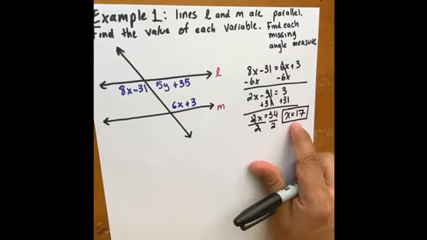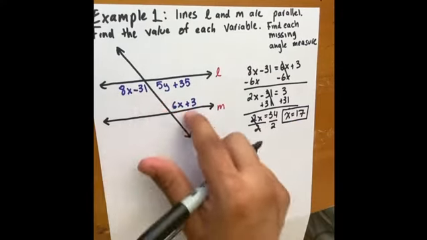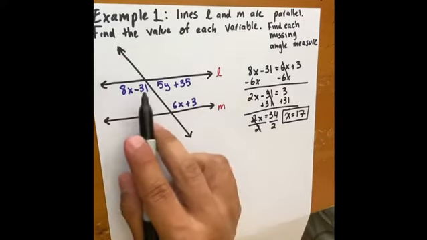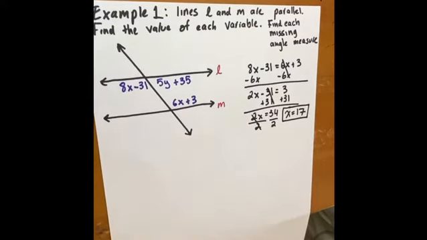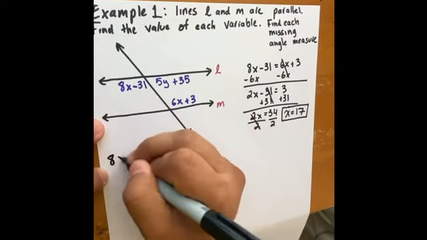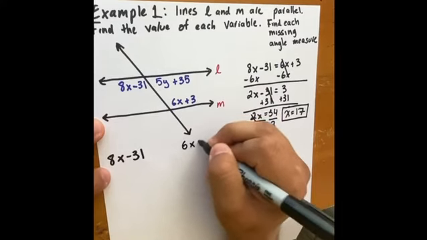Now that I know what my x is, I'm going to go back into each of these expressions where I have the x variable, and I'm going to plug them in to find what those angle measures are. So I'm going to take 8x minus 31 and 6x plus 3.